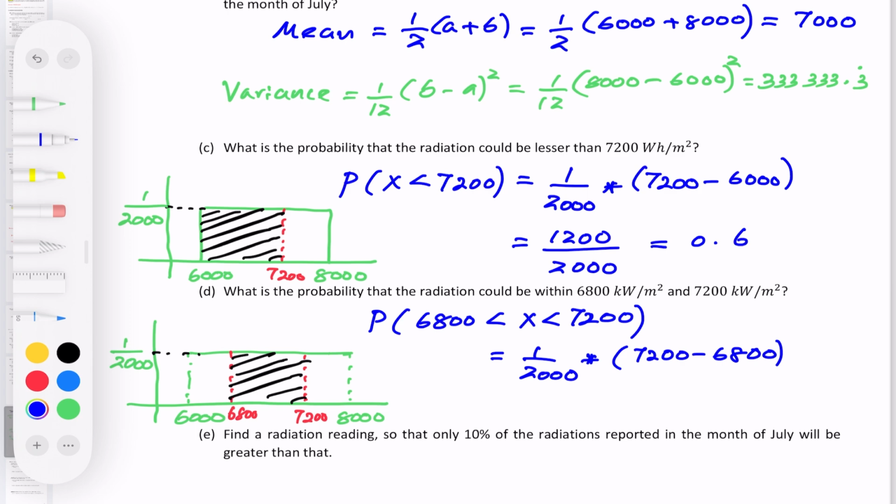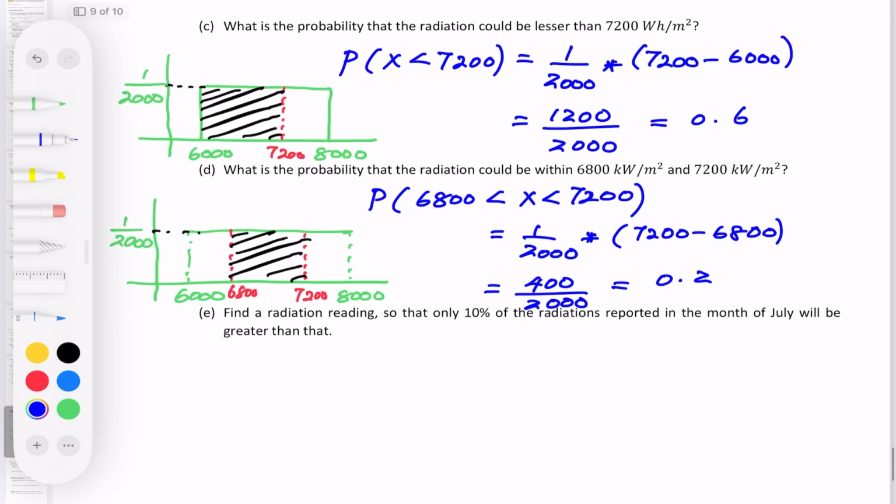Simply one side times the other side. 7,200 minus 6,800 is equal to 400. That divided by 2,000 is the answer that we need. So if you simplify that, you get 0.2 as the answer for that question. All right, let's go on to part E.